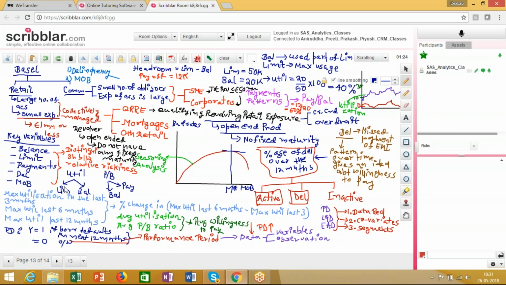A typical retail loan will start from some thousands of rupees or some lakhs, say 1 lakh, 2 lakh, 5 lakh. Business loans start anywhere around, say, 1 crore, 3 crore, or in millions of dollars. Therefore, the overall number of accounts may be relatively low in a commercial portfolio, but the exposure of the accounts is very large.